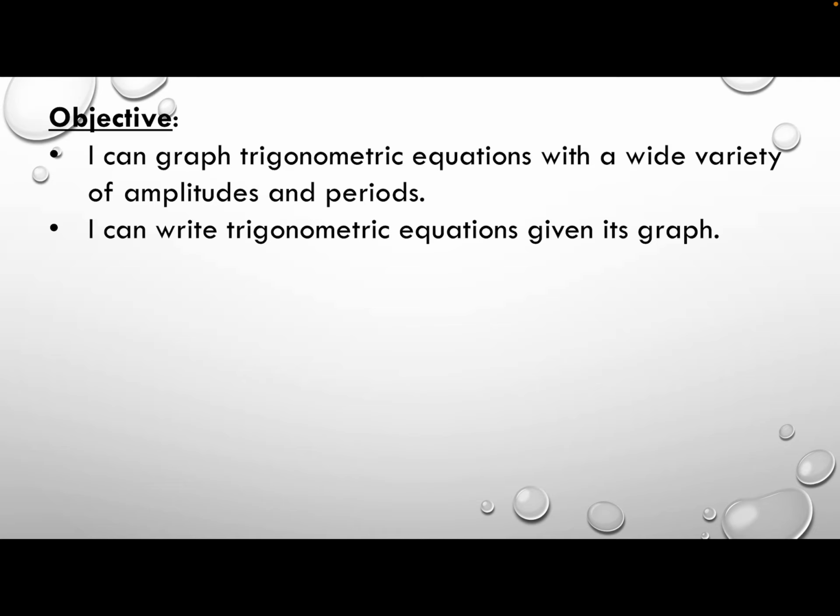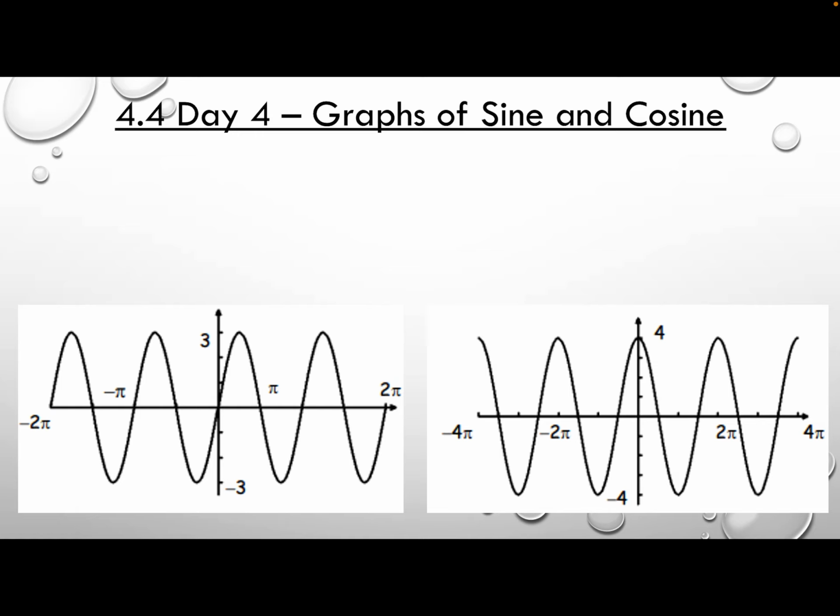So given a graph, determine what the equation is. We've done some simple things like find the amplitude and period of a trig function given its graph, but we've never determined the entire equation itself by looking at its graph. So that's what we're going to be doing in today's lesson.